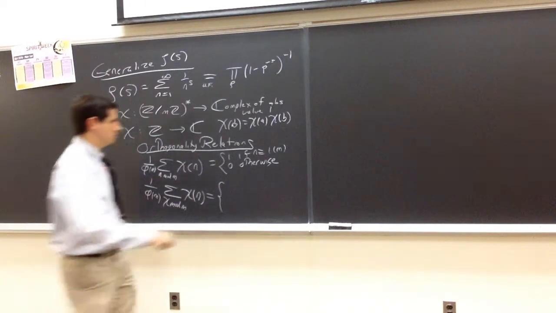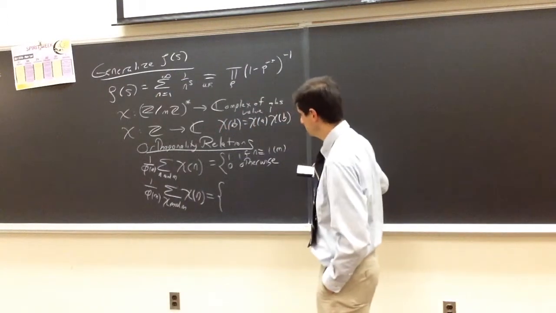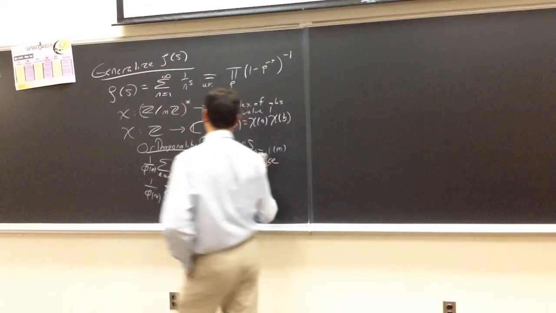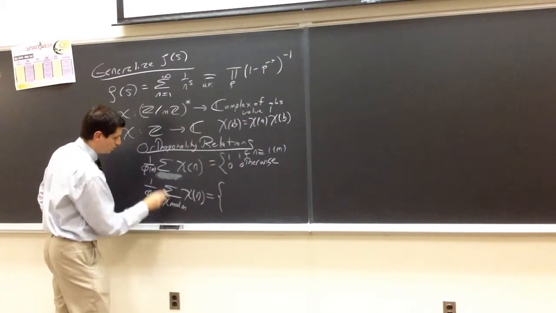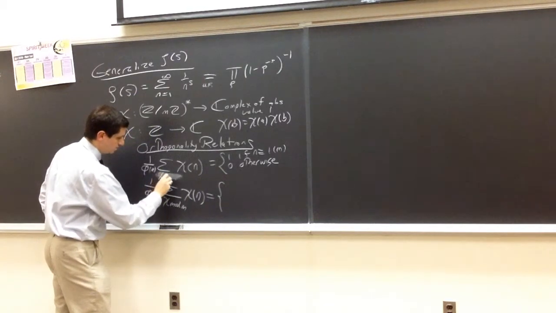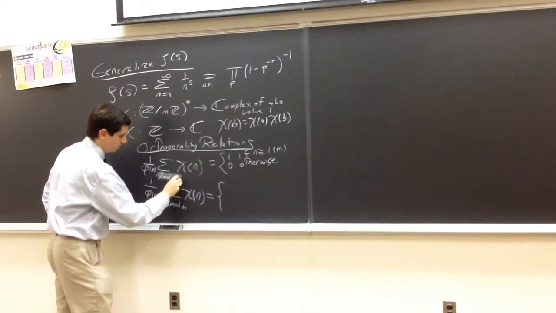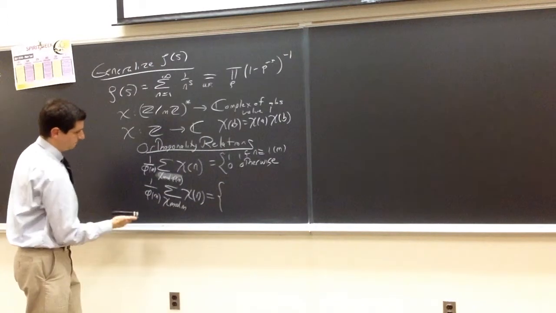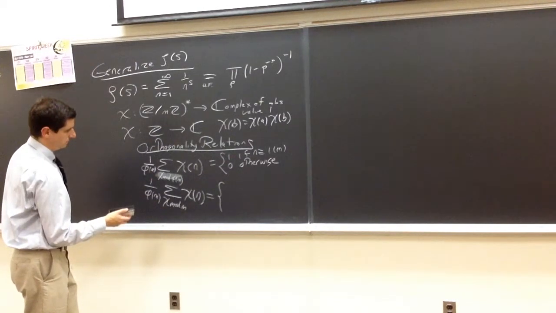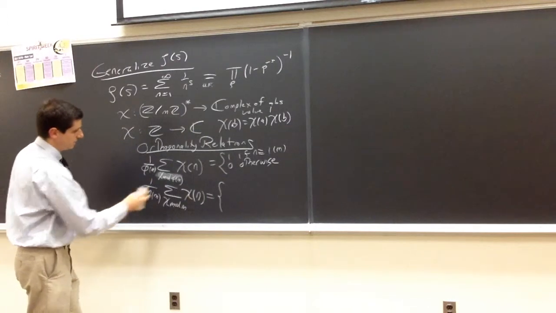So wait a minute, I think I might have just written this the wrong way. Right, sorry, I wrote this the wrong way. My apologies. This is the one I want to do over, sorry, chi mod m. It's fine.